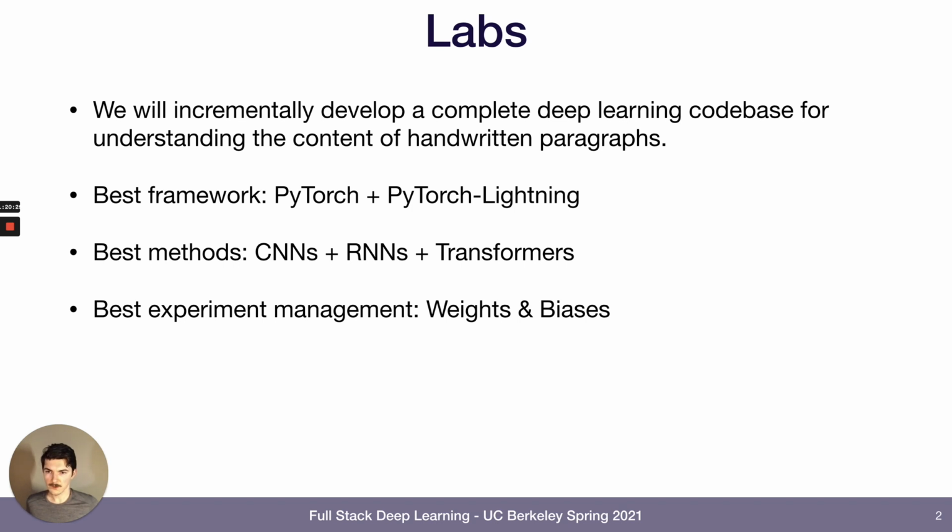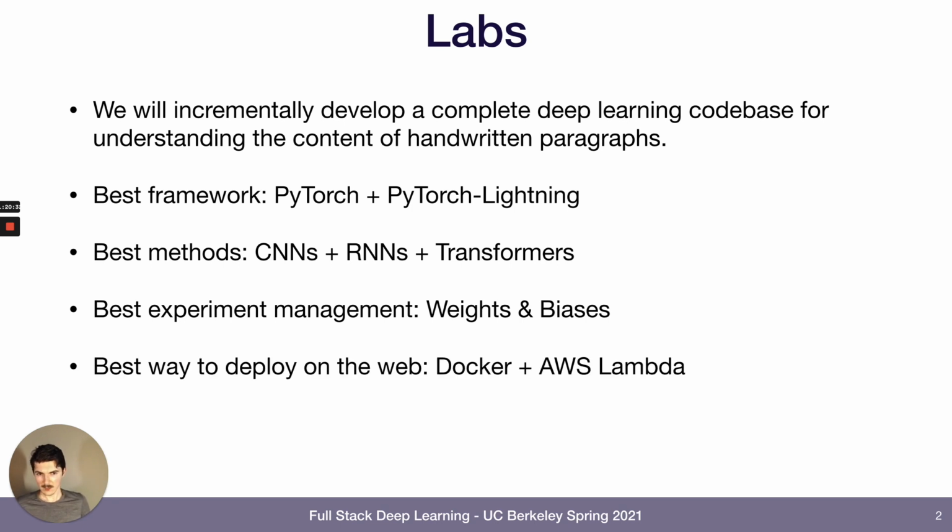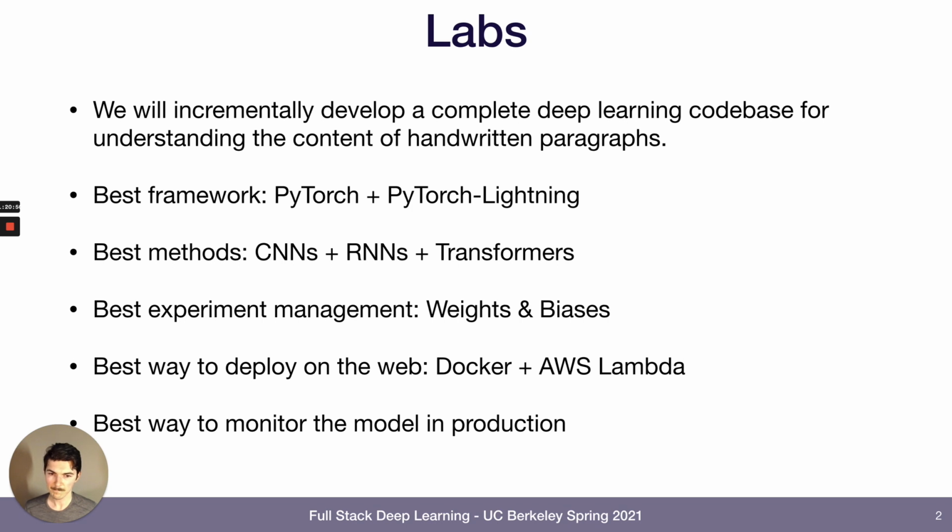We're going to use what we believe to be the best experiment management system, which is Weights and Biases, and what we believe to be the best way to deploy on the web, which is to package it up as a Docker container and then use a serverless AWS Lambda function, which now supports containers. It's a game changer to deploy it as a REST API on the web. And then we're going to look at the best way to monitor the model in production.